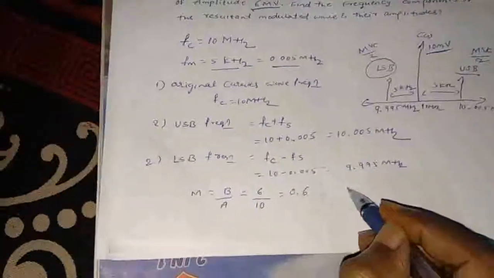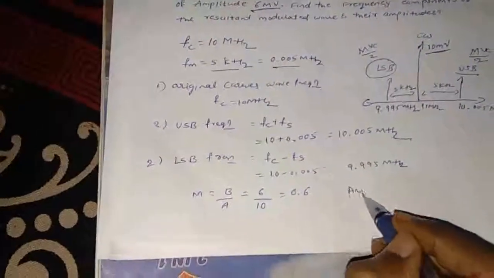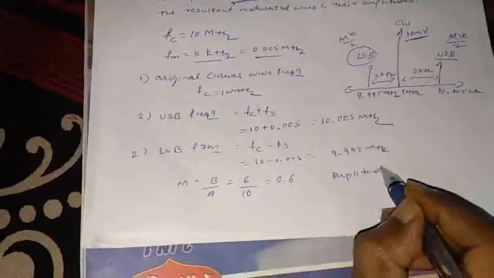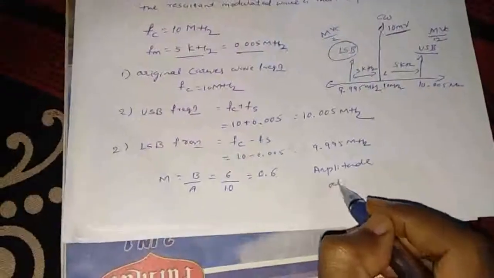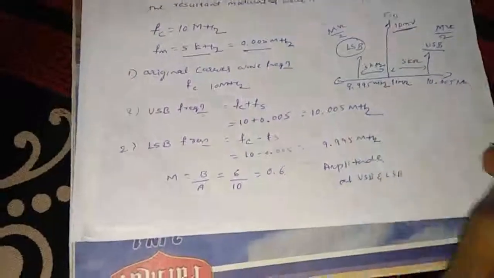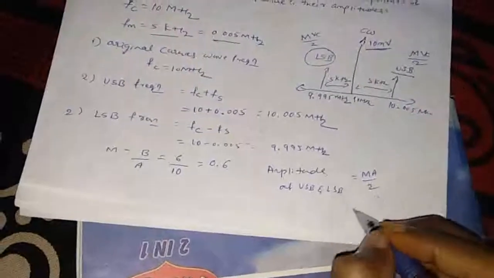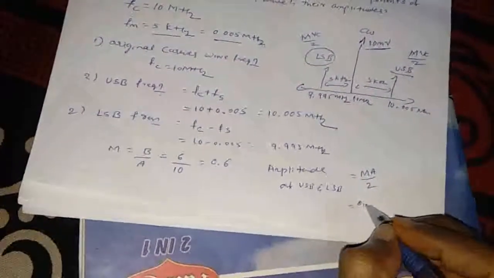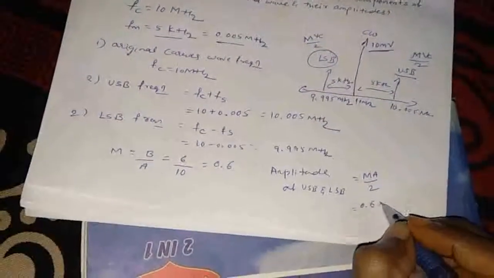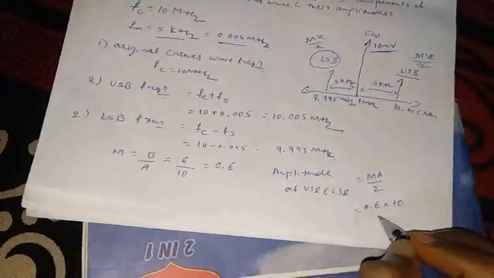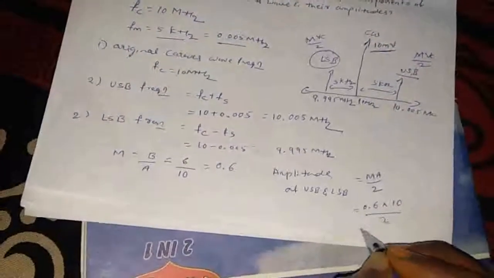So the amplitude of USB and LSB is equal to mA divided by 2, and m is 0.6 into A is 10 divided by 2, which is equal to 3 millivolt.